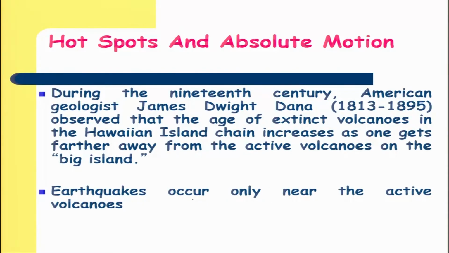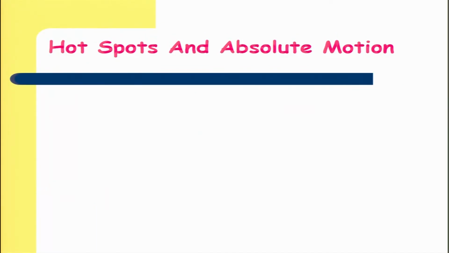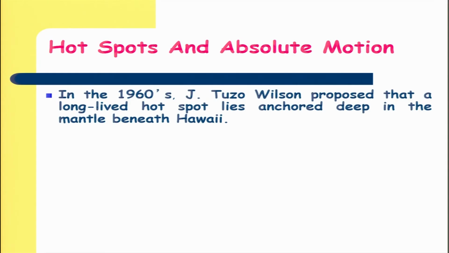This is connected with the magma which has been pushed to the surface, and because of that, the fracturing and cracking and movement of the magma is causing the earthquakes. So in 1960, Wilson proposed that a long-lived hotspot lies anchored deep in the mantle beneath Hawaii.